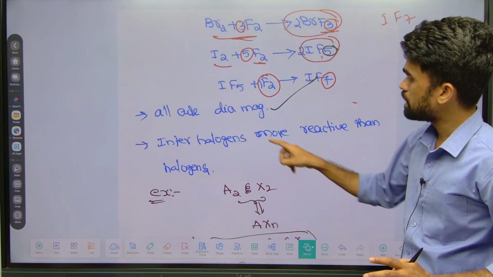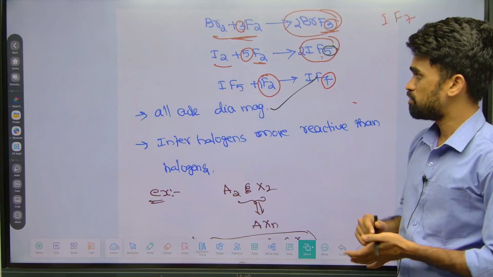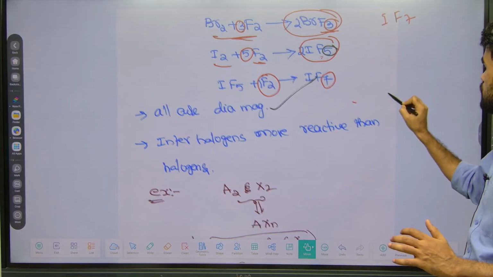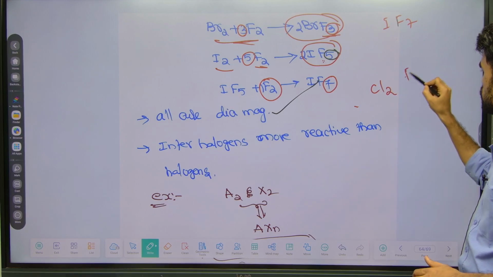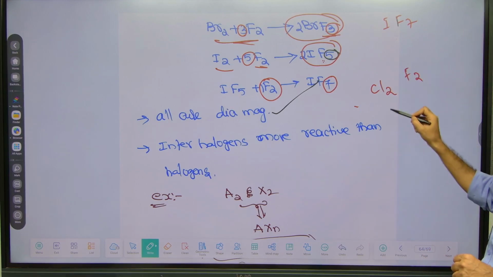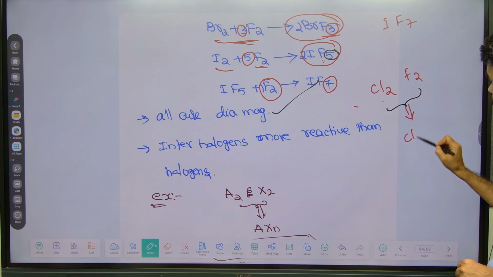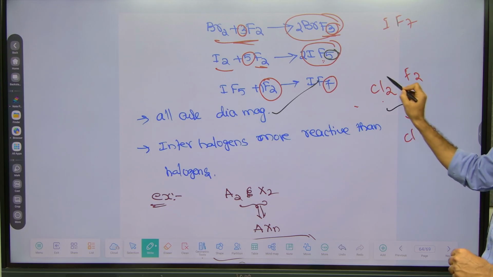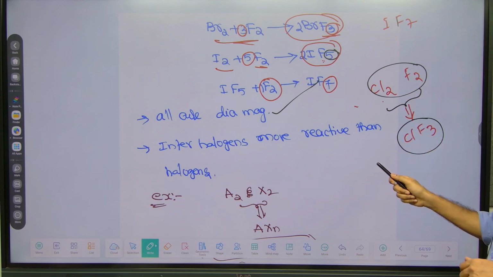Next, interhalogen compounds are more reactive than halogens. For example, I am making a compound by treating fluorine and chlorine. Let us say the product formed is something like ClF3. So tell me who is more reactive, these halogens or this compound?